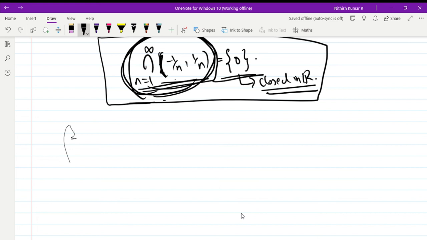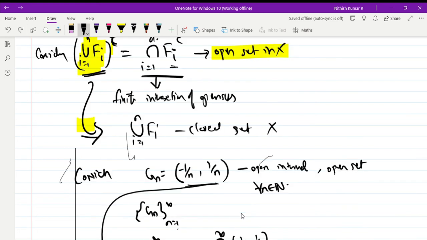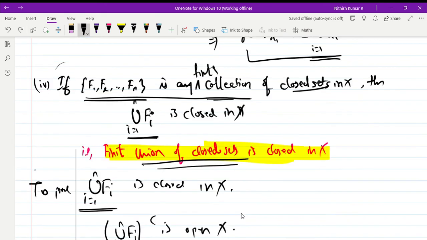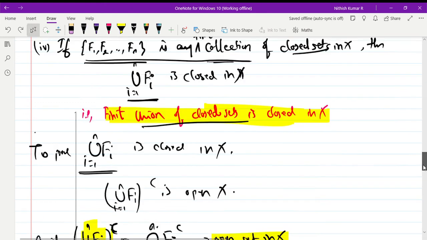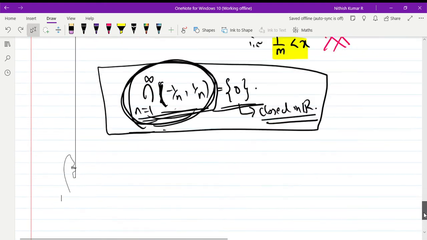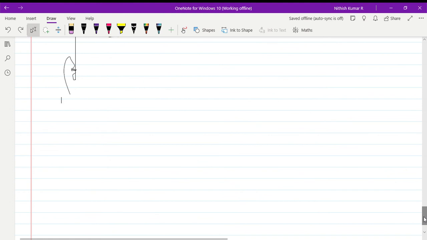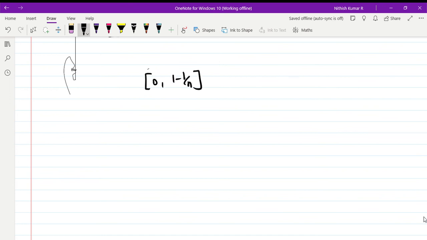Now, okay, for that, consider the closed interval [0, 1 - 1/n] for n belongs to N.